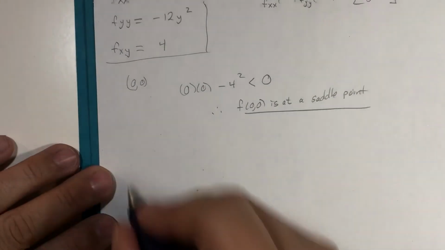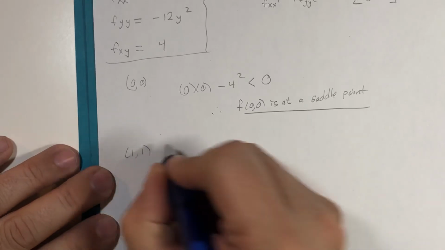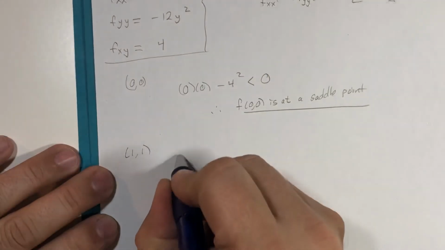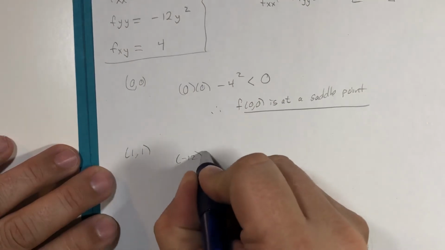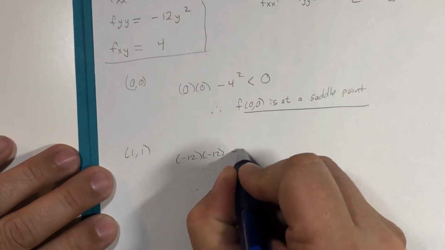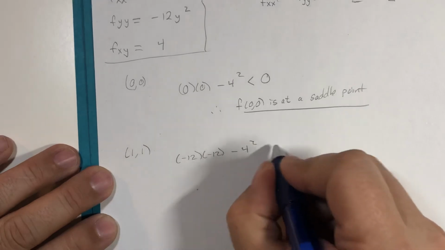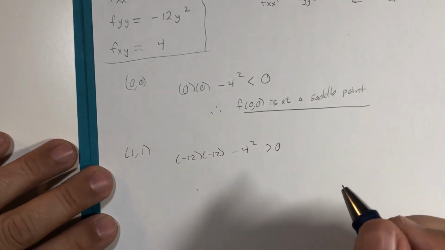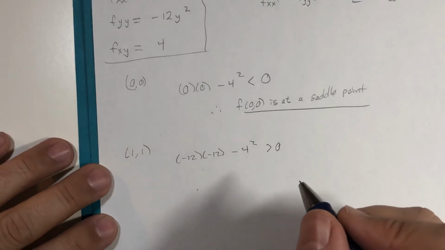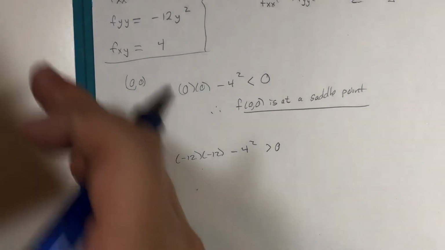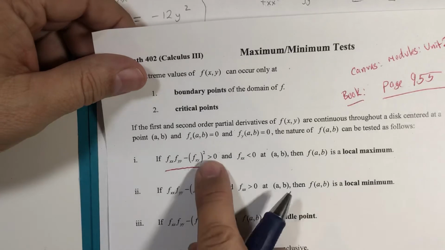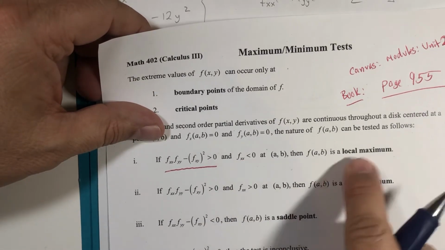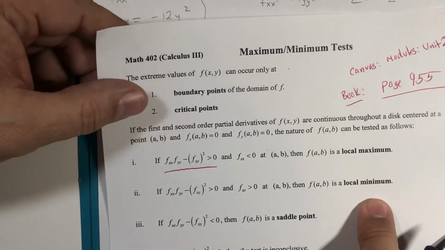Next critical point is 1, 1. If x and y are both 1, we get negative 12 times negative 12 minus 4 squared. That will most certainly be greater than 0. We're not as concerned with the numerical value. And from the handy-dandy list of formulas, the next thing we do is if it's greater than 0, we have to determine what the second derivative is to know whether it's a maximum or minimum.